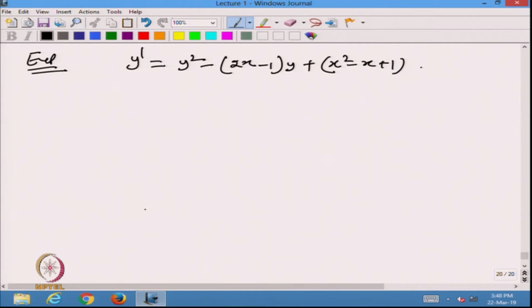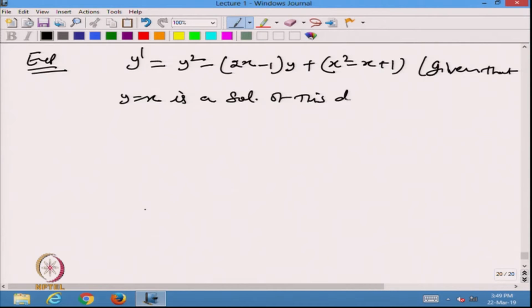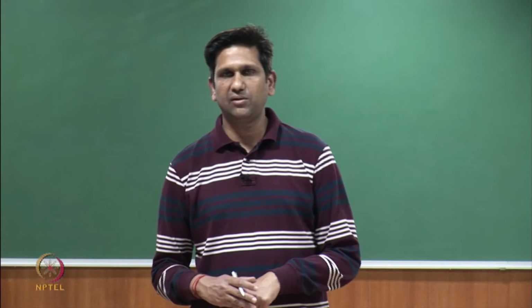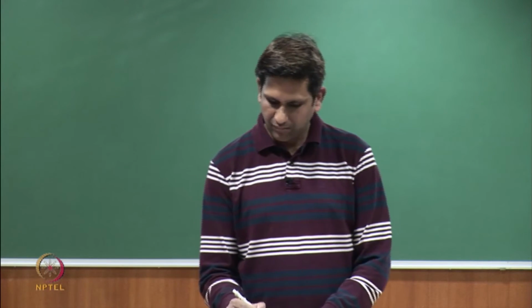It is given that y = x is a solution of this differential equation. It is given to me, because I can start only if I know one solution of the given equation.